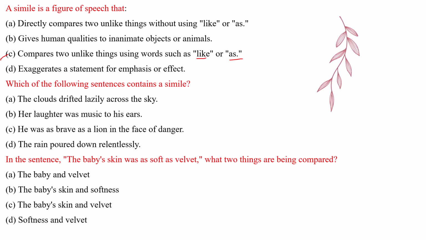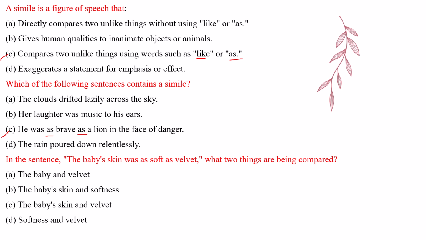And C: he was as brave as a lion in the face of danger. So this is the correct answer because the comparison is made using the word as. So this is simile. Here a person is compared to a lion. The common point is bravery.